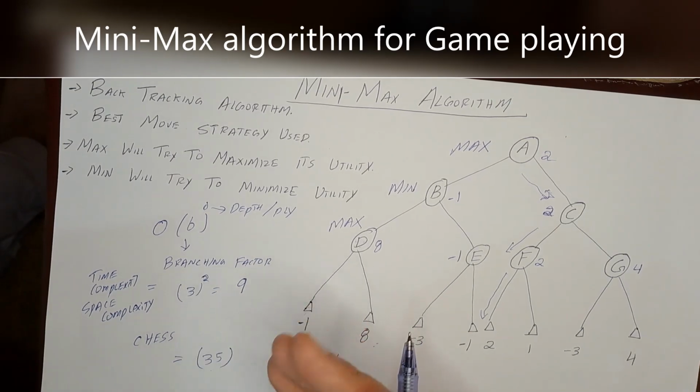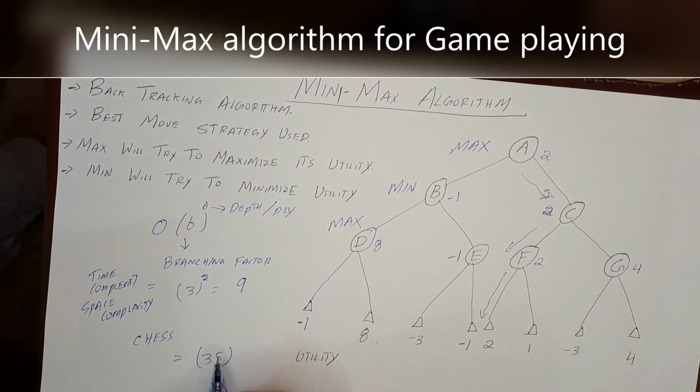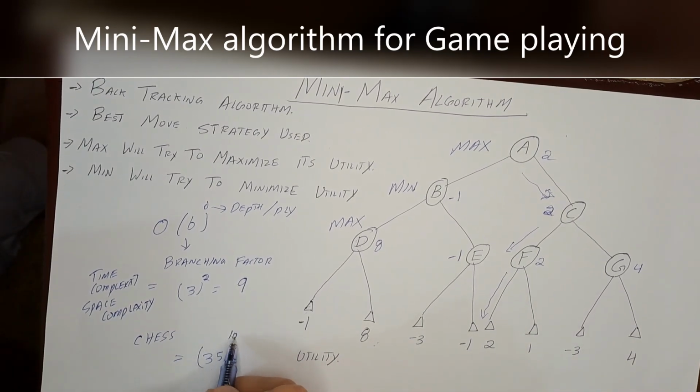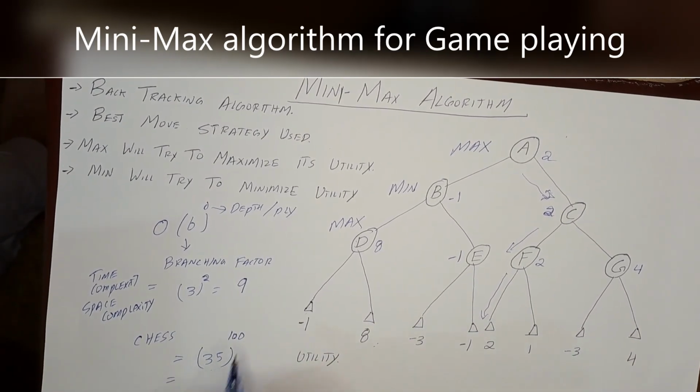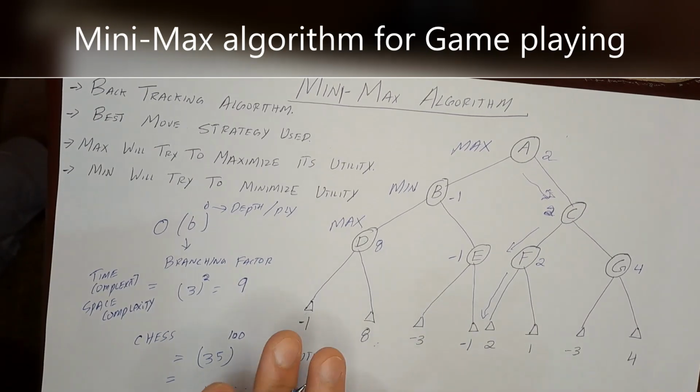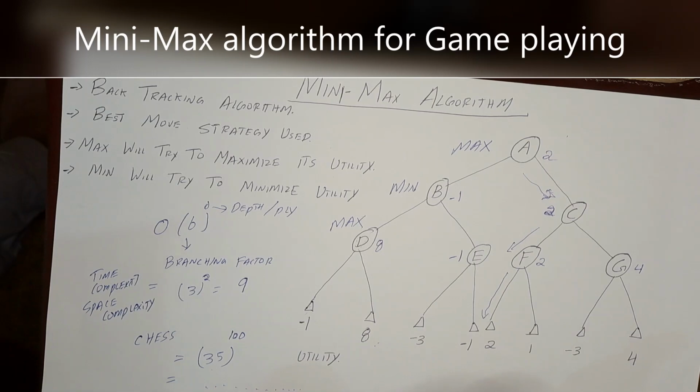So 50 turns for one player and 50 for the other. It means the total depth of the game of chess is 100, and when we calculate this number, it's a very huge number. It means the tree will be very wide and deep.